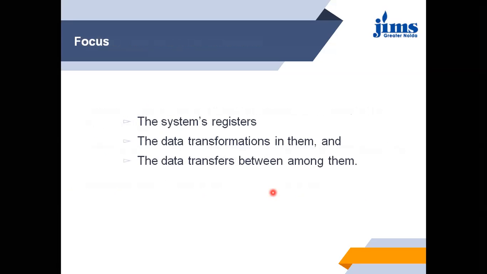Now our focus in this lecture will be on the system registers: what the system registers are, how data is stored in them, and how data is transferred among them. So our focus will be on three things: how we can represent the register, how registers store the information, and how the information is transferred among them.